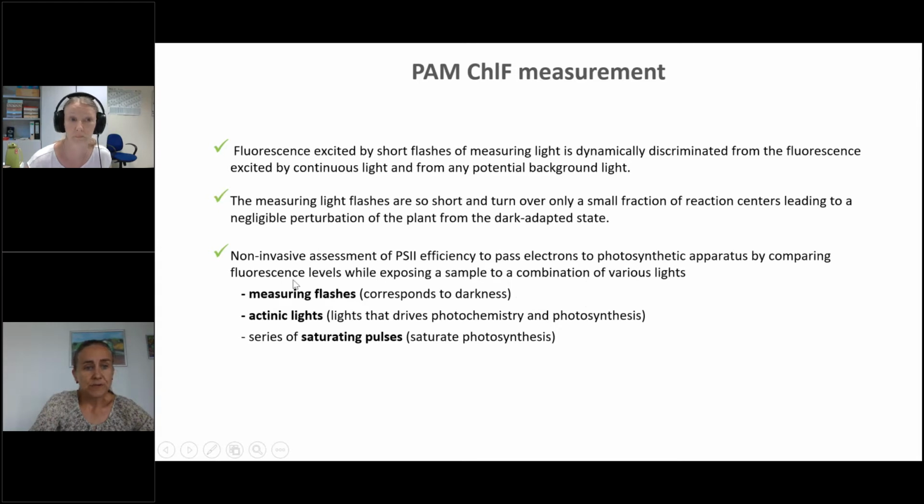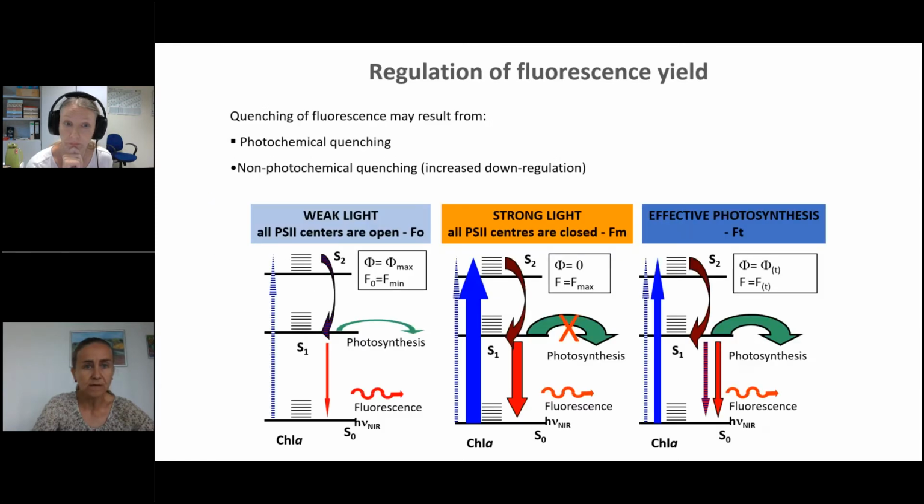For this type of measurement, we measure the photosynthetic system in different states, which I try to summarize here. As was introduced quite well, we can't tell much about the state of the photosynthetic apparatus from steady state fluorescent signals.